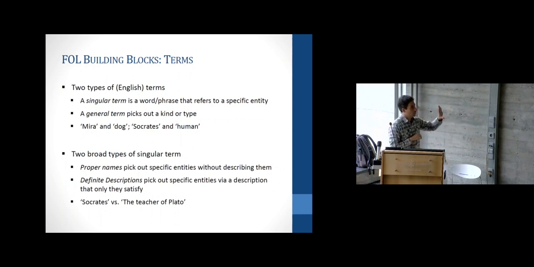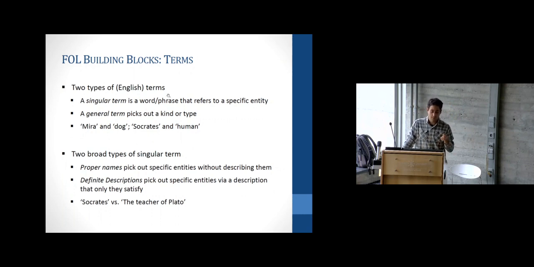So we're starting with a bit of philosophy of language, understanding terms in sentences in languages like English. We distinguish between a singular term, that is a phrase that refers to a specific entity, and a general term that picks out a kind of entity or a type of entity.